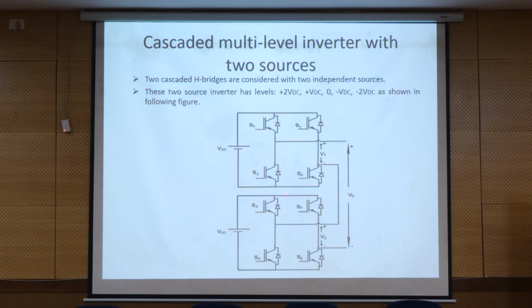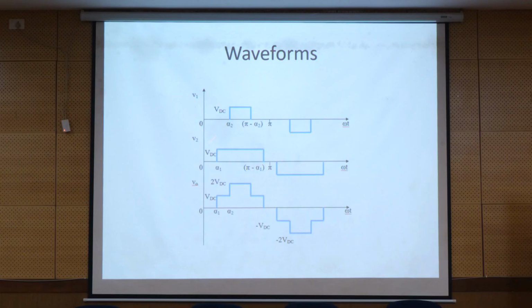We are cascading, adding together to get the resultant output voltage, V1 plus V2. Similarly, the waveforms which we have shown, V1, V2 and the number of levels, it is for the 5 level.